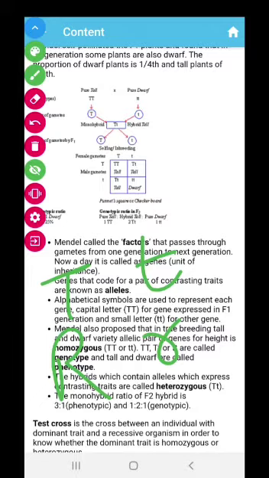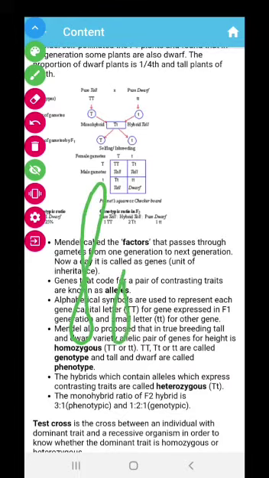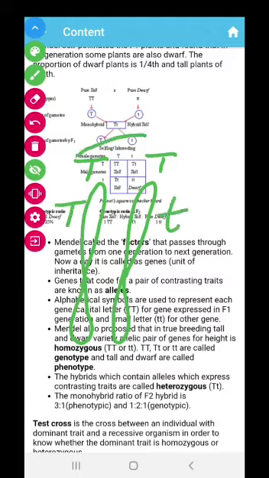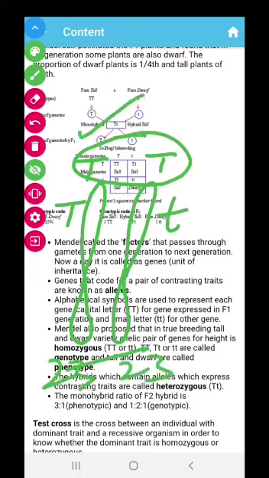One more thing I must tell here: every diploid organism, such as human beings, has two chromosomes in one single cell inside the nucleus, and these two chromosomes can contain the same allele on both sides or different alleles. When they contain the same allele on both of the 23 and 23 chromosomes, they are known as homozygous.